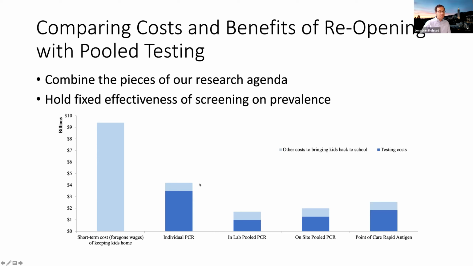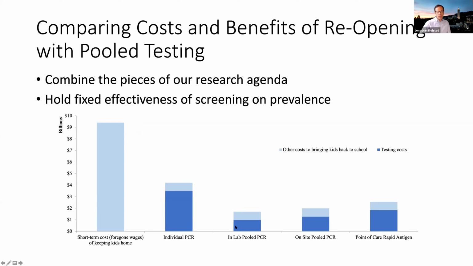And these are the numbers that are being thrown around when you hear different policymakers and business leaders saying it's too expensive to reopen school with testing, because they're saying, well, it's $100 a test a kid, okay? Now we might still say, look, the gains just in wages dramatically outstrip that.